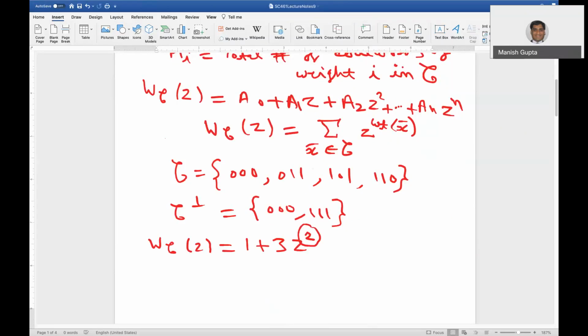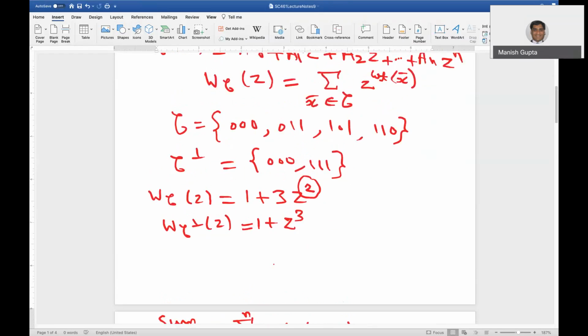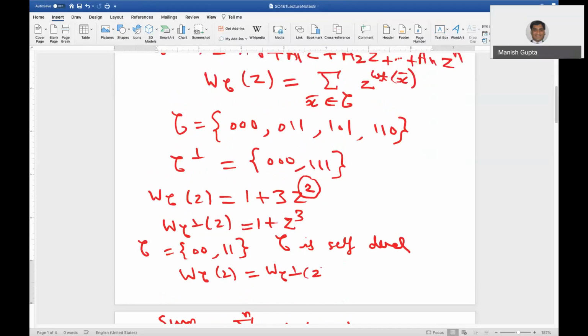And similarly W_C-perp(z) is 1 plus z cubed. If C is a code like 0011, we know that C is self-dual, so then W_C(z) is the same thing as W_C-perp(z), which is 1 plus z squared.